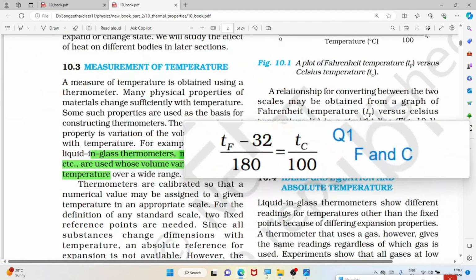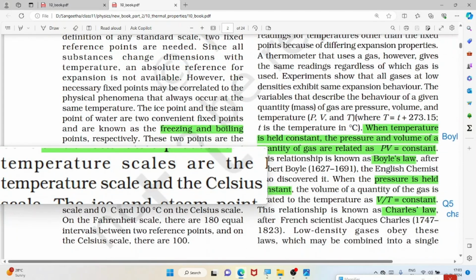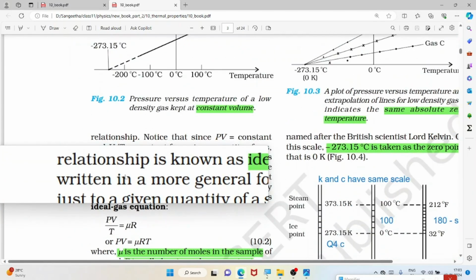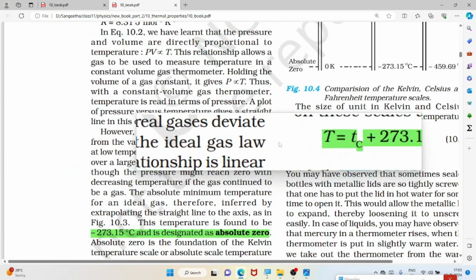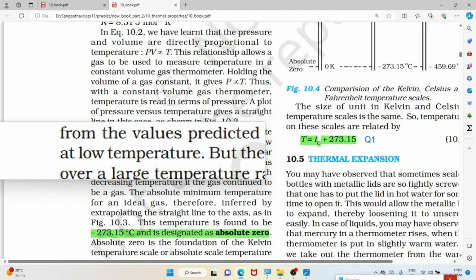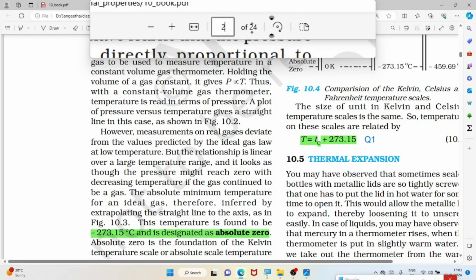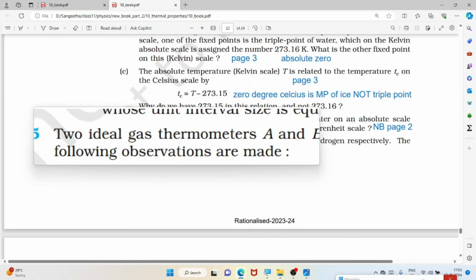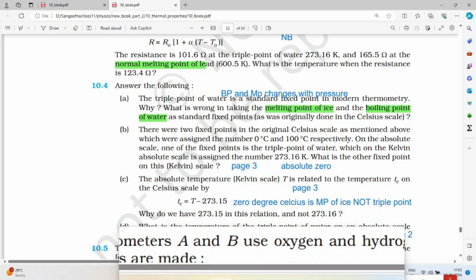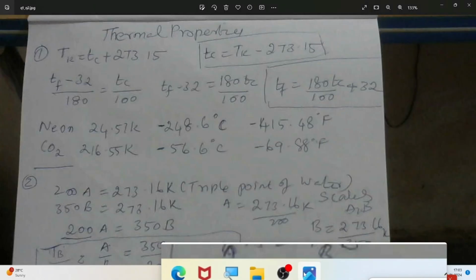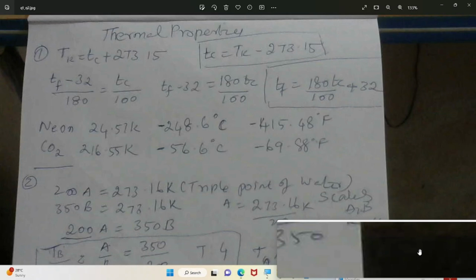This is the Fahrenheit to Celsius, and here we have the Kelvin to Celsius conversion. Kelvin equals Celsius plus 273.15. From that we can compute the Celsius.